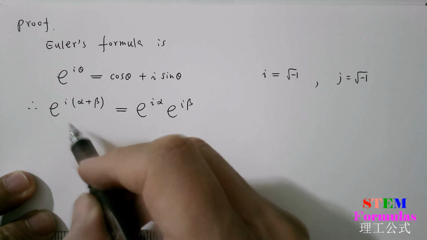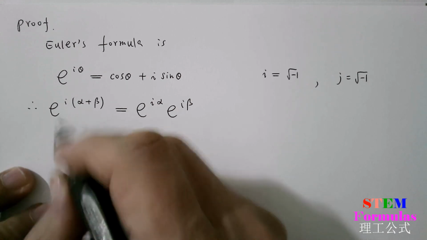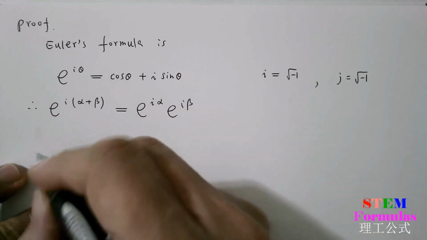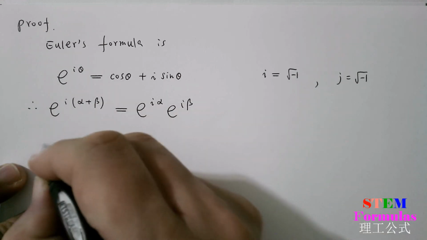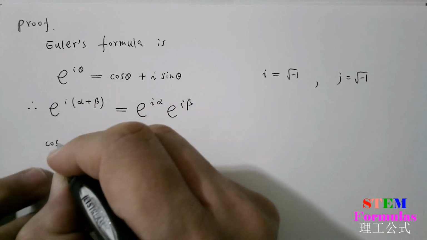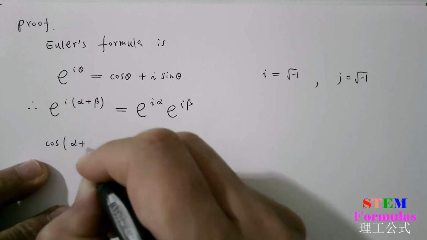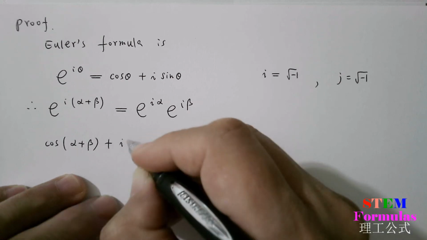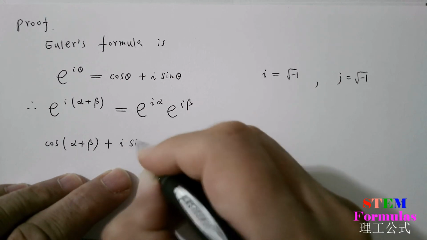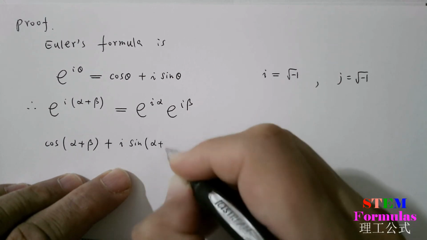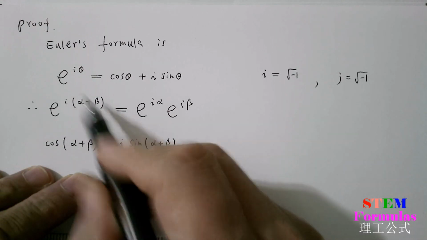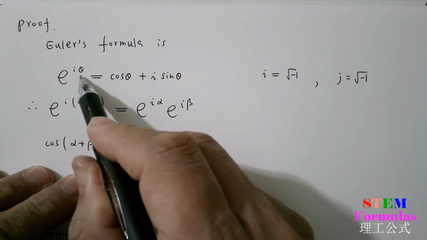So on the left side, we can apply this formula. So I have cosine (alpha plus beta) plus I sine (alpha plus beta). So I just substitute alpha plus beta into theta.